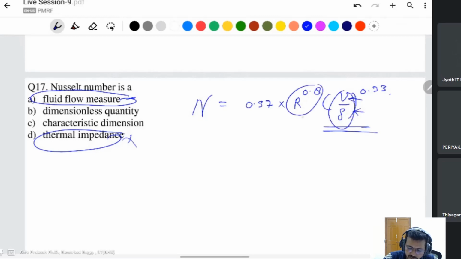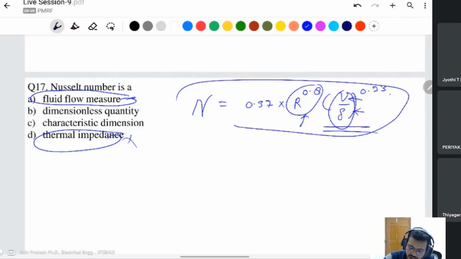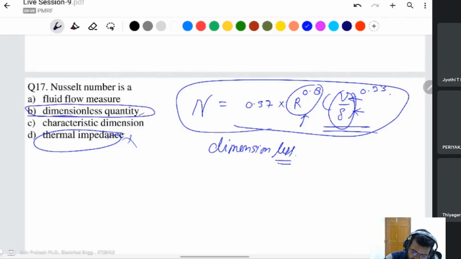The Reynolds number is also dimensionless, and all of these things are dimensionless. Sorry, this is the dimensionless quantity. The Prandtl number is also dimensionless.